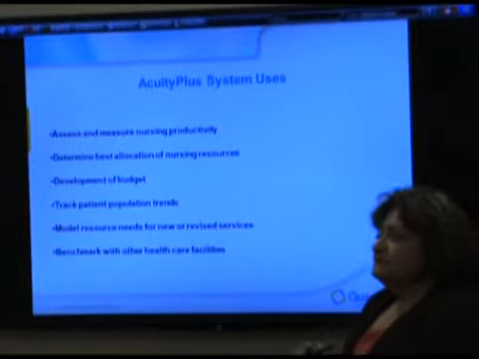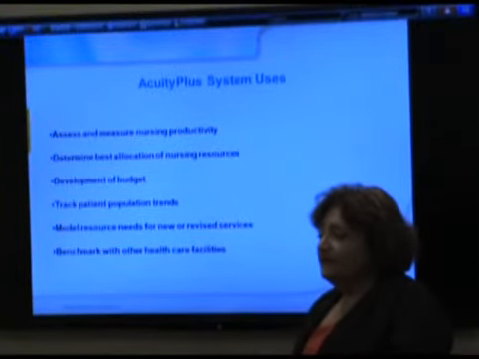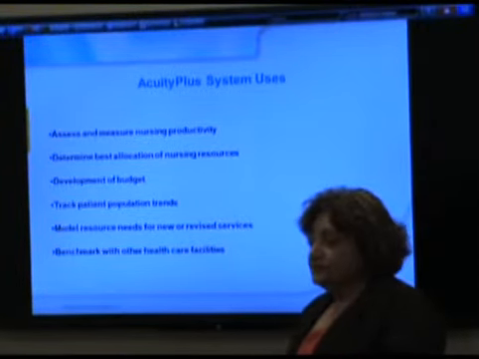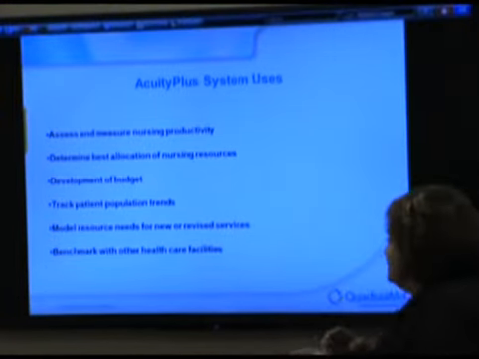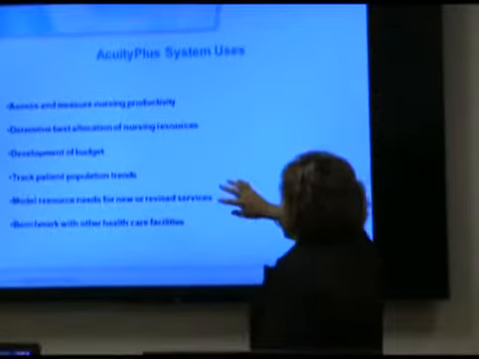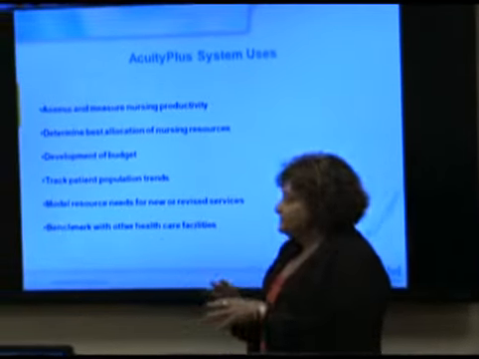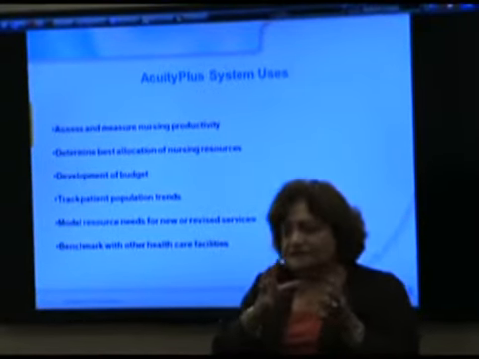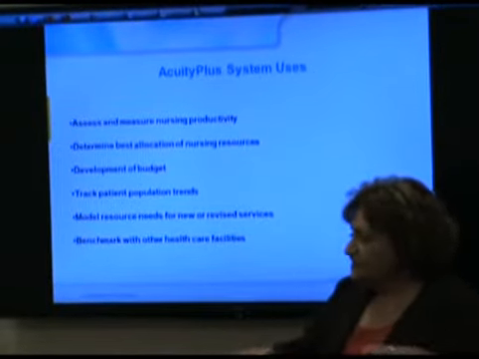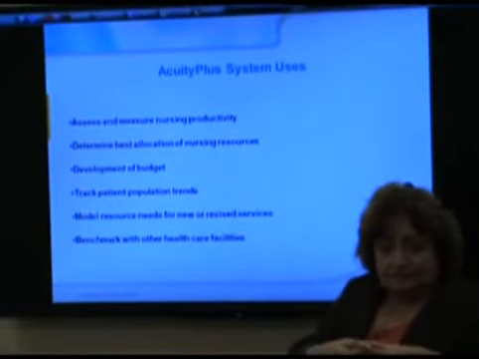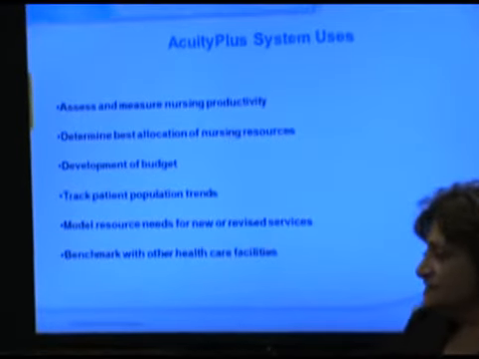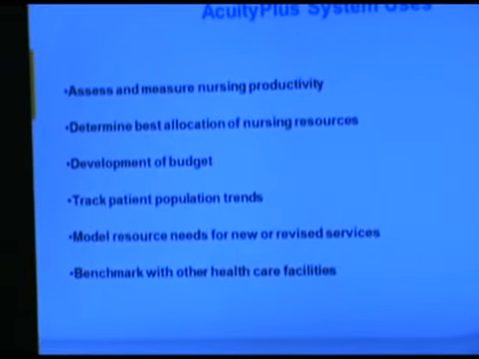Well, someone who needs a little bit more intense care, maybe on a monitor, maybe having some drips. Yeah. Okay, so what tracking patient population trends will allow you to do is to look at a subset of a population on your med-surg area. So you can look at the patients you define as progressive care versus the med-surg patients.